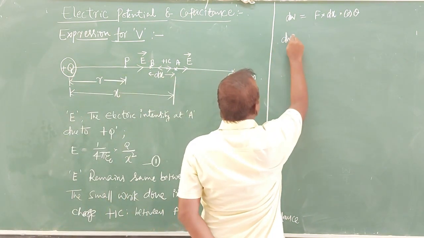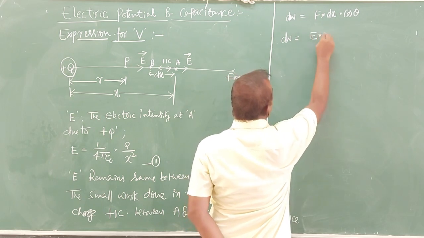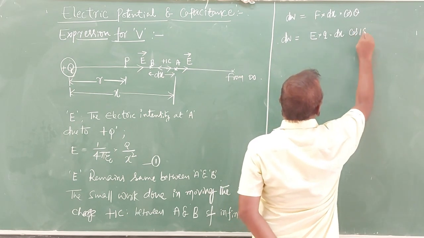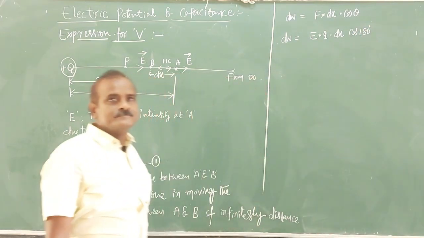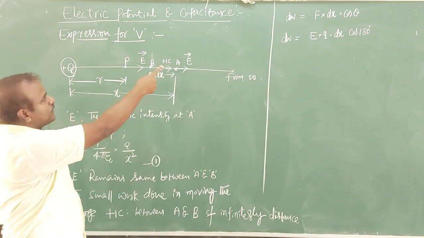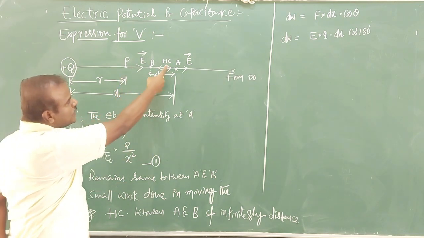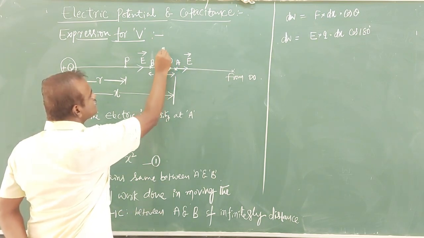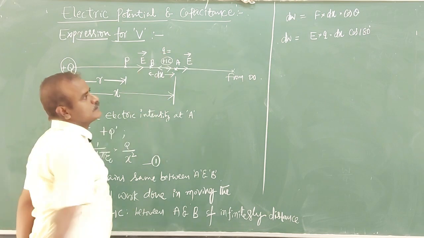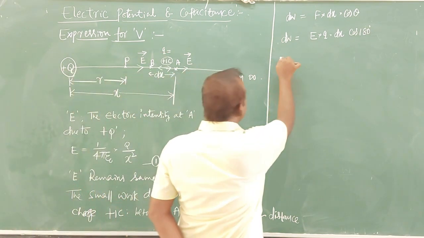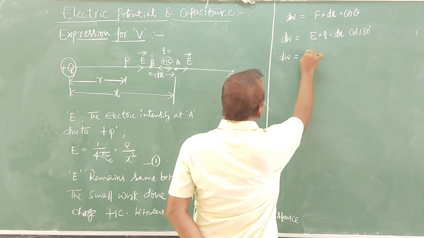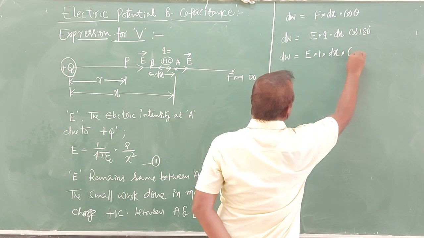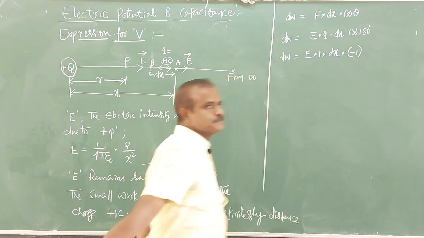Further, we also write F can be written as E into Q into dx into cos of 180 degree, because remember, field intensity is opposite to the direction of motion of Q. This is Q, and Q value is 1. dW is equal to E into 1 into dx into cos 180 degree, which is minus 1.